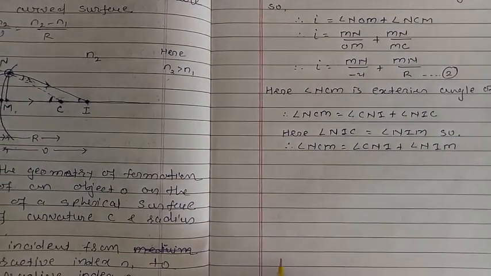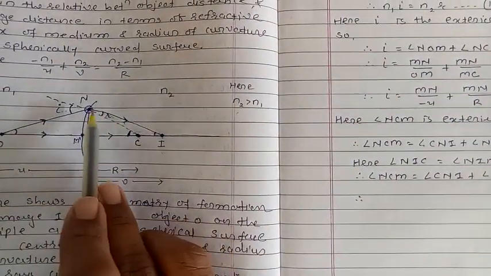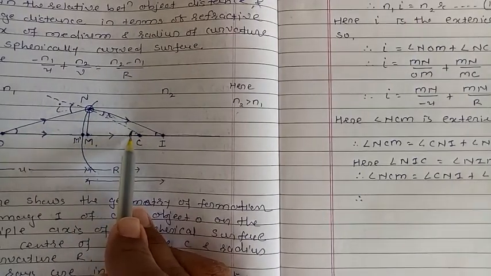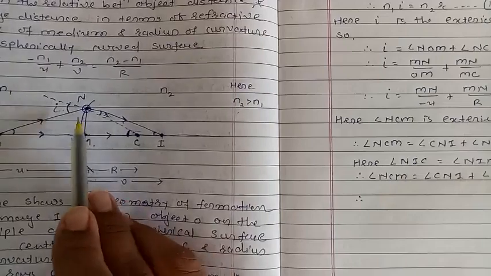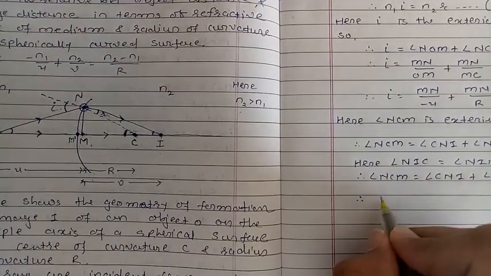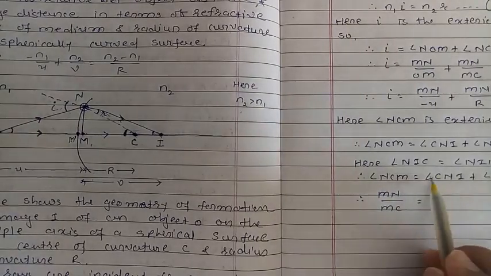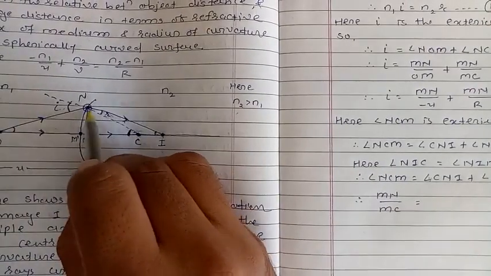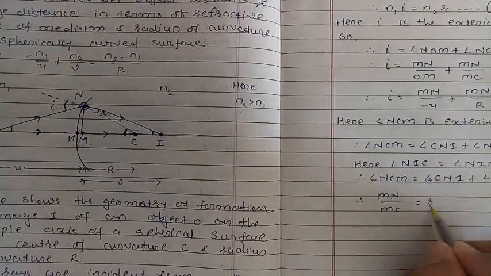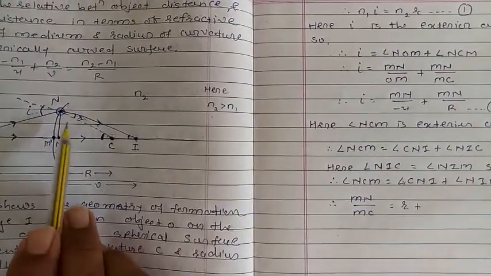Now angle NCM. Once again, the angle is very small, so it is equal to tan theta. Opposite side is MN, adjacent side is MC. So we can write that MN upon MC is equal to angle CNI, which is R, plus angle NIM.